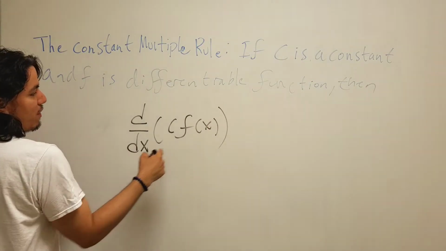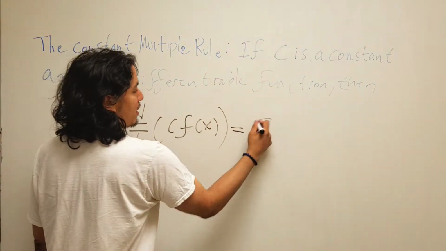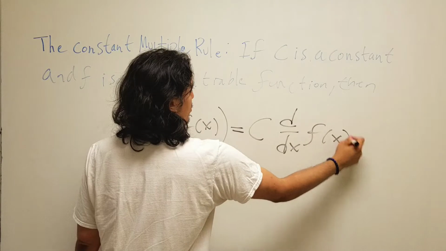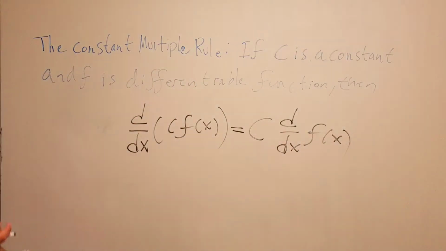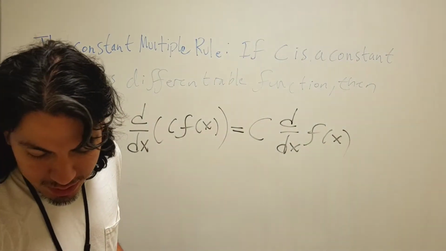What this is saying is if you have a function but it's being multiplied by a constant, you're allowed to take out the constant and then differentiate inside to hit the function. So this way you're able to take the derivative of the function and not worry about anything else that's happening with the constant.